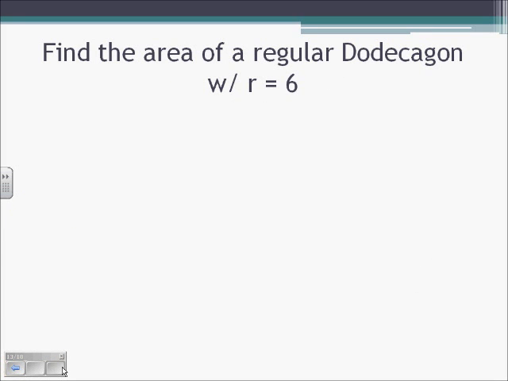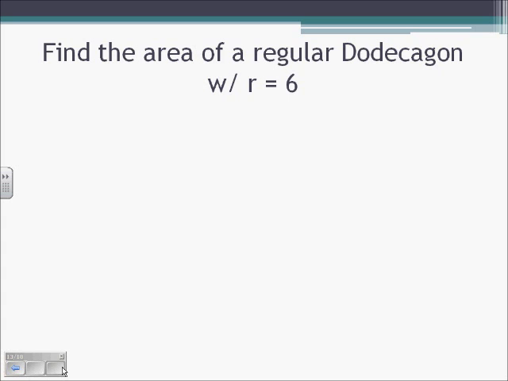Finding the area of a regular dodecagon with a radius of 6. We know a dodecagon has 12 sides. So the central angle of the triangle we form is going to end up having 360 degrees divided by 12, which would be 30.